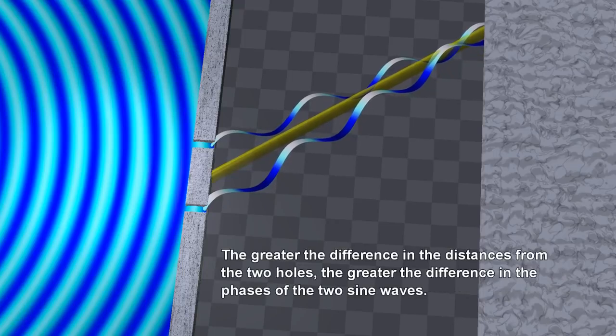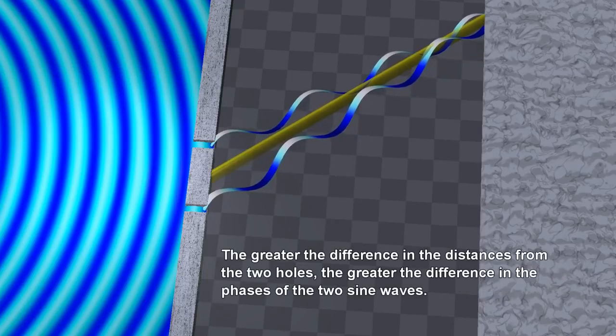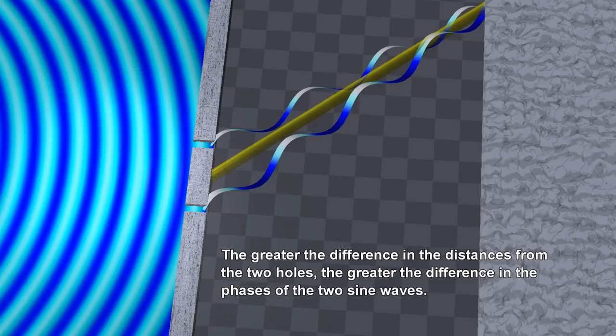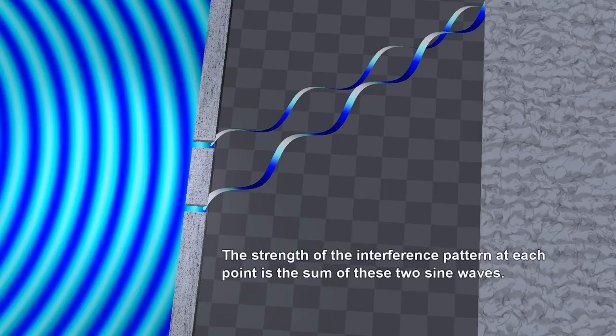The greater the difference in the distances from the two holes, the greater the difference in the phases of the two sine waves. The strength of the interference pattern at each point is the sum of these two sine waves.